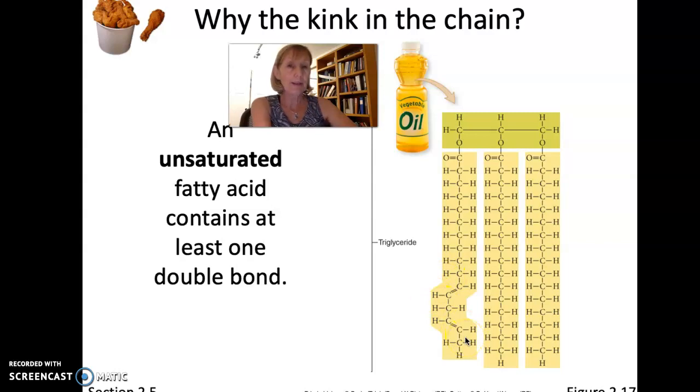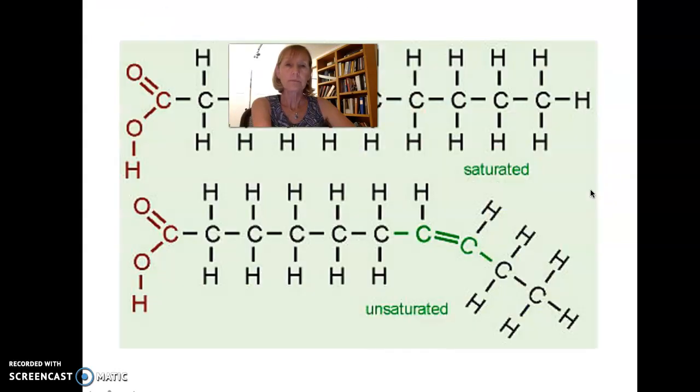So you would be able to recognize if I showed you this molecule without the oil picture there and said to you, what is this? Well, you know there's very few oxygens, so it can't really be a carbohydrate. Here, there seems to be a kink in this chain, so it's got to be an unsaturated fat. Okay, and you would probably recognize the glycerol, which is just 3 carbons.